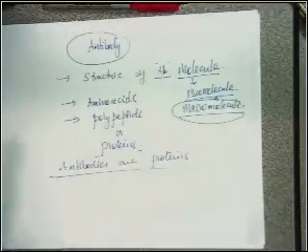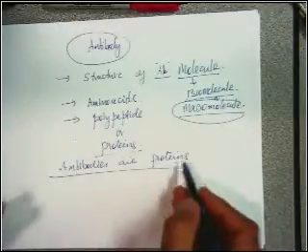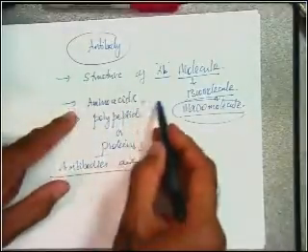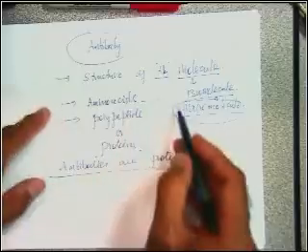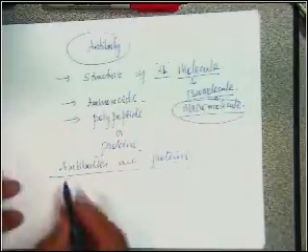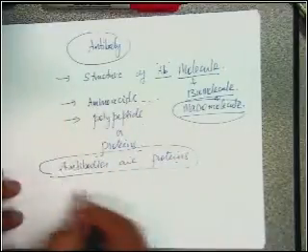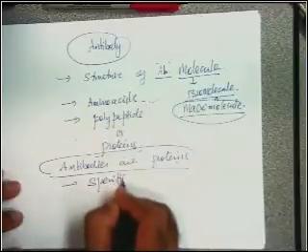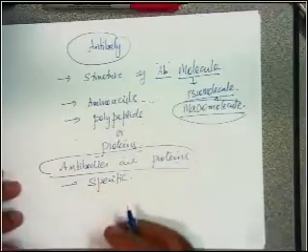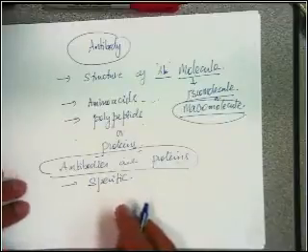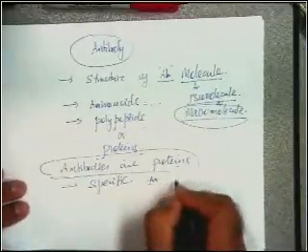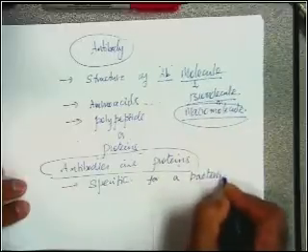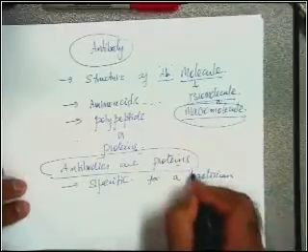Antibodies are proteins, and these proteins are made up of amino acids joined together, different types of amino acids forming a polypeptide. So this protein, in other words, is specific. How do I say it's specific? It's specific for a bacterium. Bacterium is singular and bacteria is plural, right?